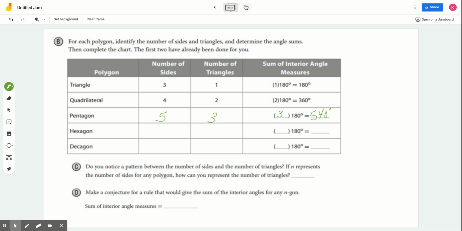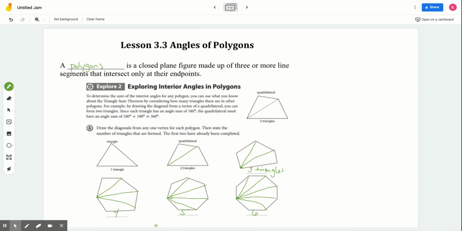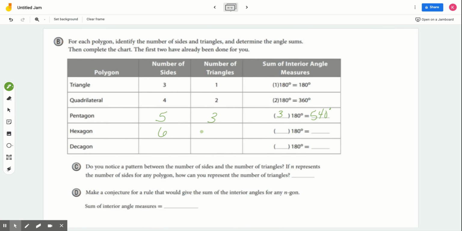We know that a hexagon has 6 sides and is made up of 4 triangles. So 4 times 180 is 720. And a decagon has 10 sides. It could be split into 8 triangles. 8 times 180 would be 1,440 degrees.